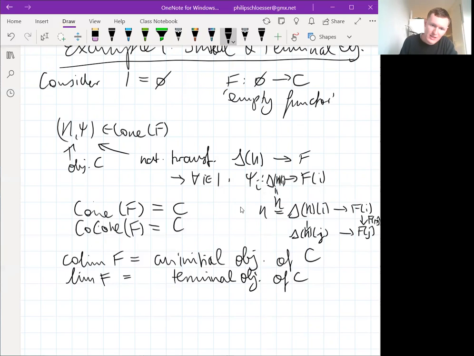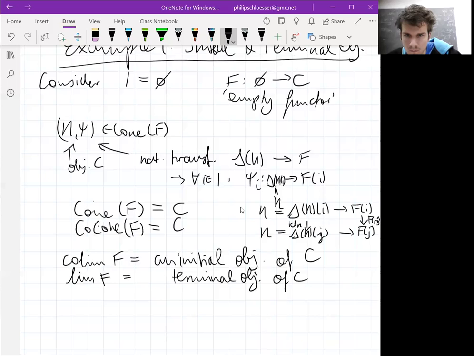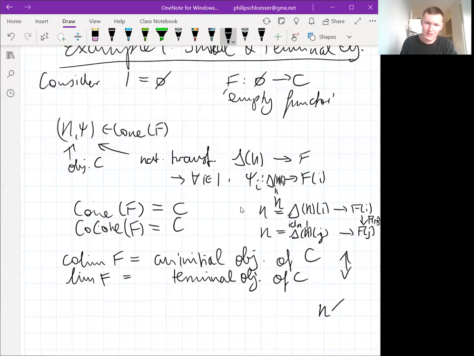But this thing here is just n, this thing here is also just n, and the map in between is the identity of n. So this turns into a diagram, n to F of I, n to F of j, and then we have a morphism between them.